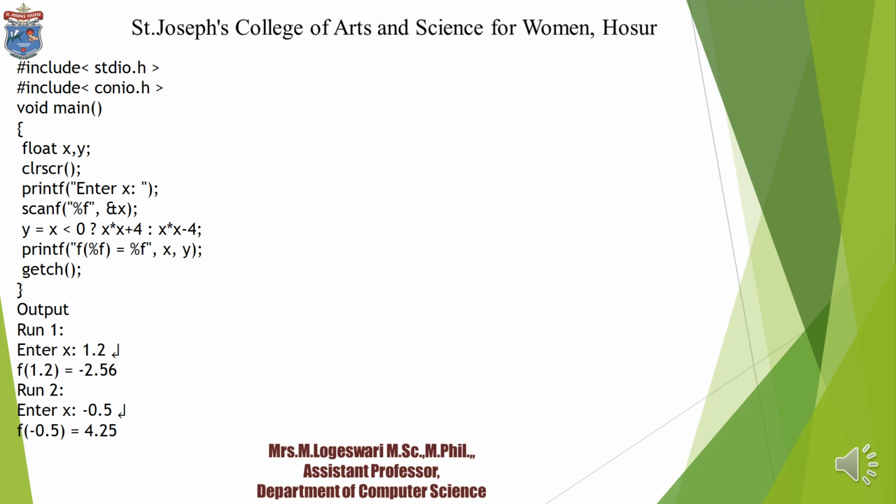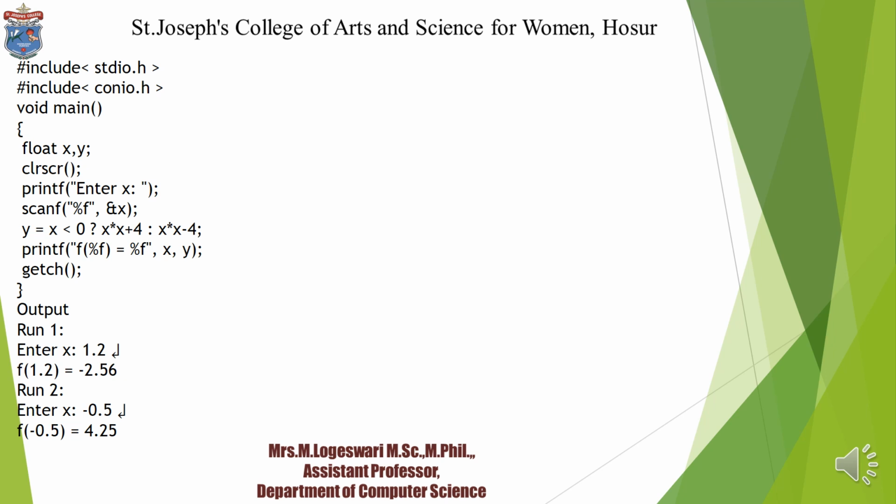Suppose you enter the value of x equal to 1, so the printed value of x is 1.0. Next, this condition is checked: 1.0 less than 0.